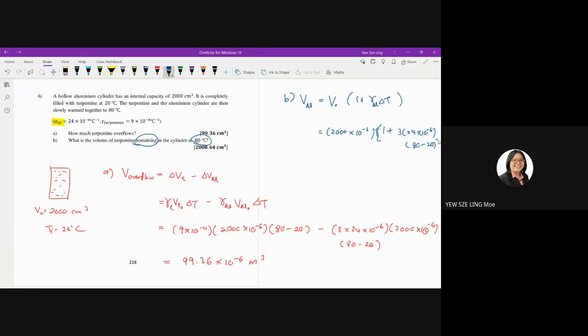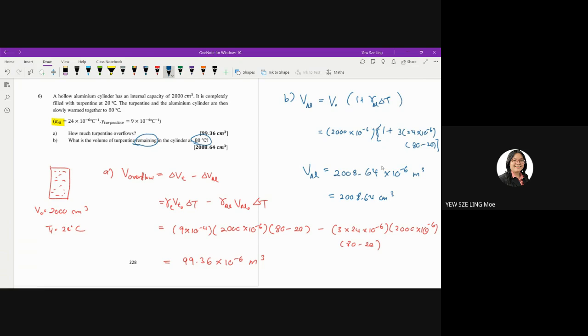So this is what happens in the equation. V final aluminum is then equal to 2008.64 times 10 to the power of negative 6 meter cubed, or you can write it as 2008.64 cm cubed. This is the remaining liquid in the cylinder.